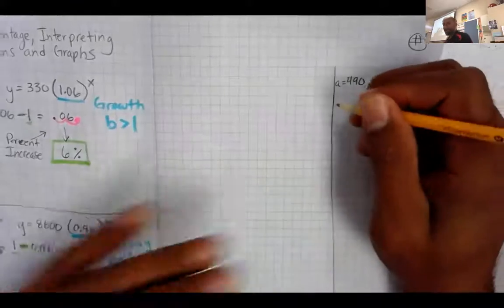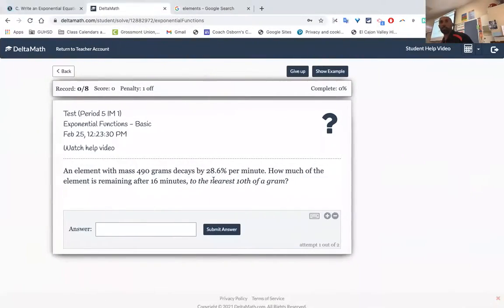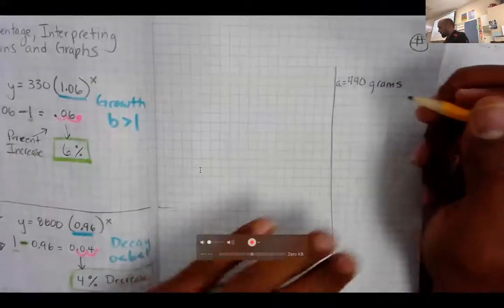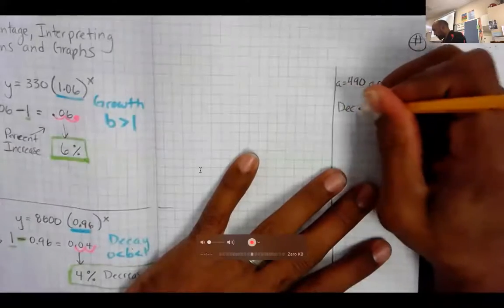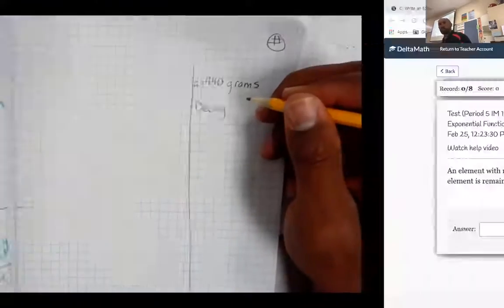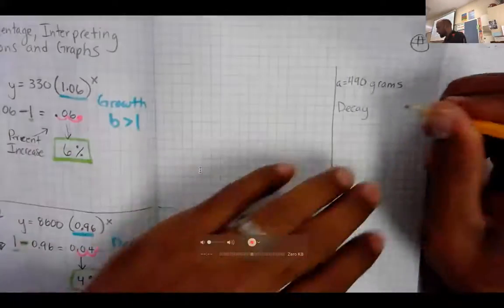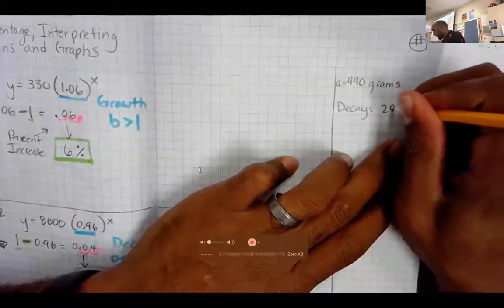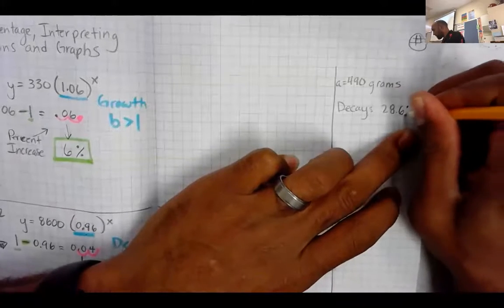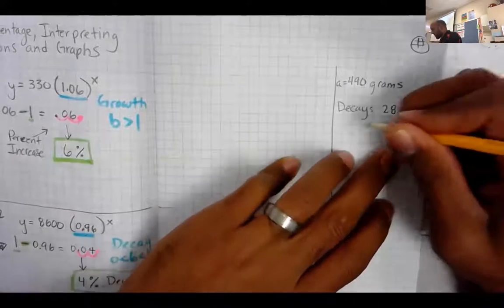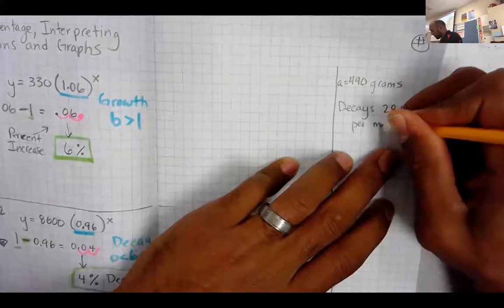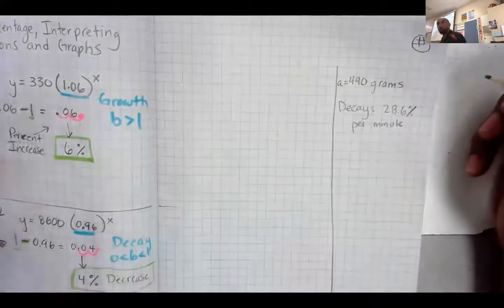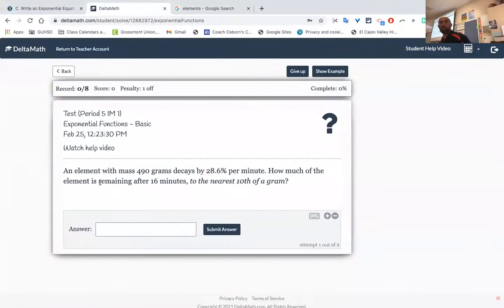Then it says that it decays at 28.6% per minute. The question is how much of the element will still be there after 60 minutes.